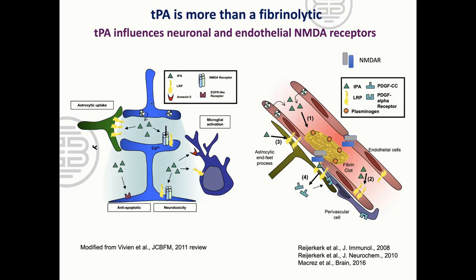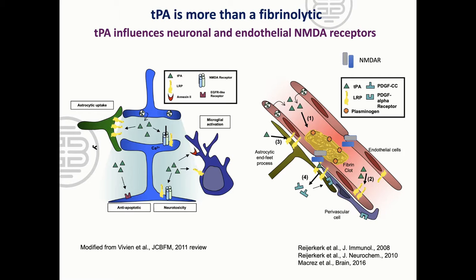When neurons depolarize, they can release tPA at the synaptic cleft, and tPA, at the same time as neurotransmitters such as glutamate, can activate the NMDA receptor at the surface of neurons, promoting NMDA receptor signaling. In conditions of brain injury, including stroke onset, this interaction of tPA with the NMDA receptor mediates neurotoxicity, which is also named excitotoxicity.